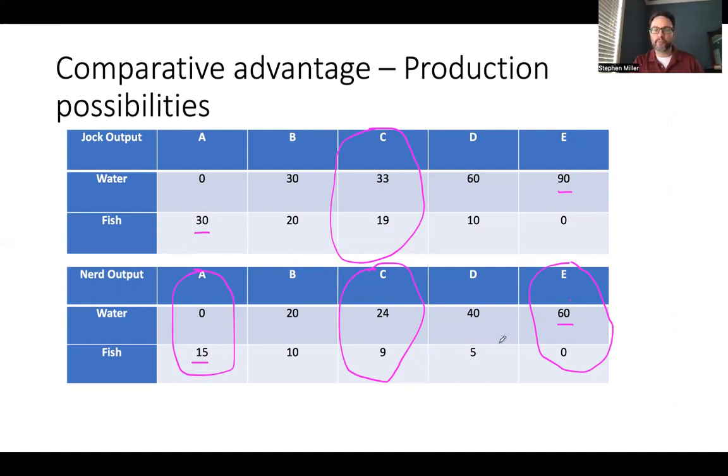For the nerd, what we see here is that for every fish the nerd catches, it costs him 4 liters of water. But for the jock, every fish he catches costs him 3 liters of water. So the jock has a lower opportunity cost of catching fish than the nerd does, and the nerd has a lower opportunity cost of gathering water than the jock does. So there is actually a comparative advantage here.